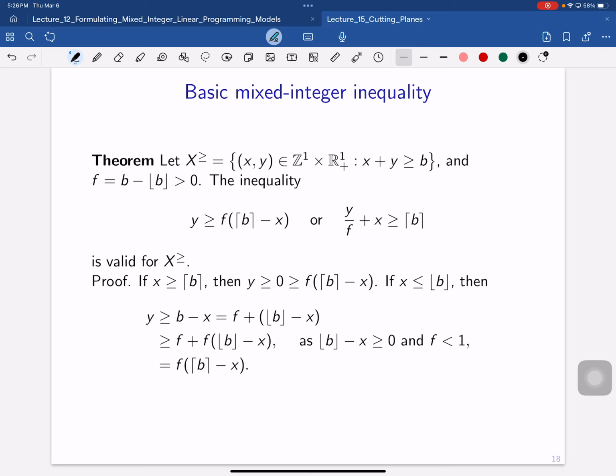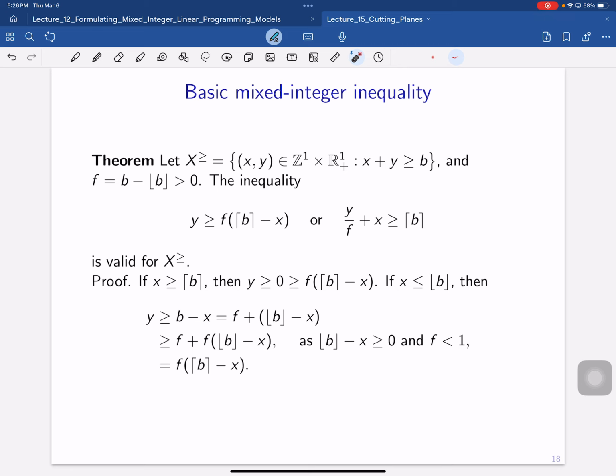So here's a small example to show you how to derive a valid inequality for mixed integer problems. We just have two variables. x is an integer, and y is a non-negative continuous variable. And then we have this inequality x plus y greater than or equal to b, right?